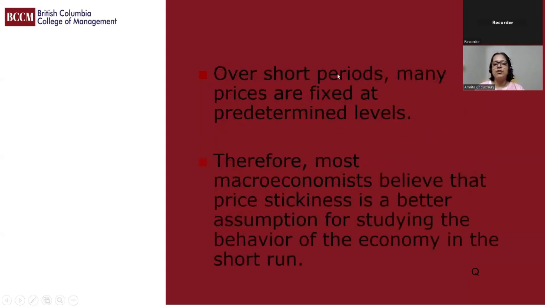Normally over short periods of time, many prices are assumed as fixed. Therefore, most macroeconomists believe that price stickiness is better for studying economic behavior in the short run, while price flexibility is better for studying economic behavior in the long run.